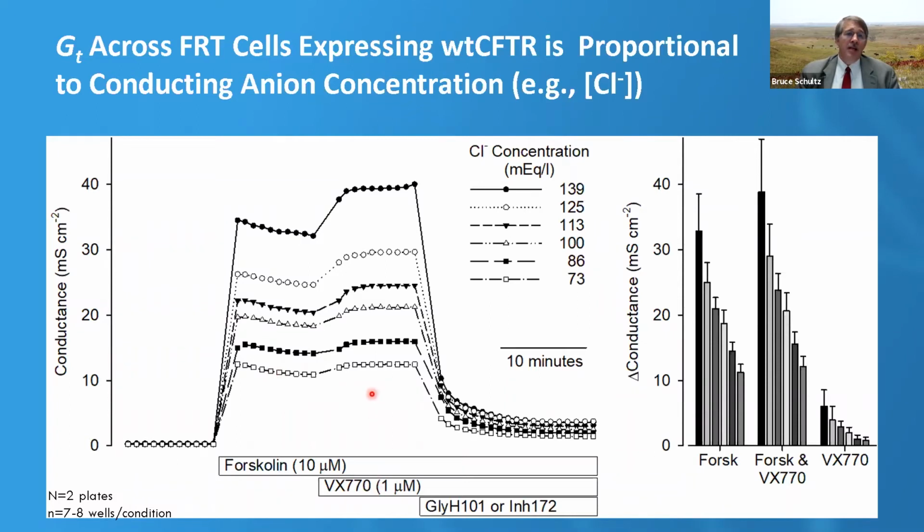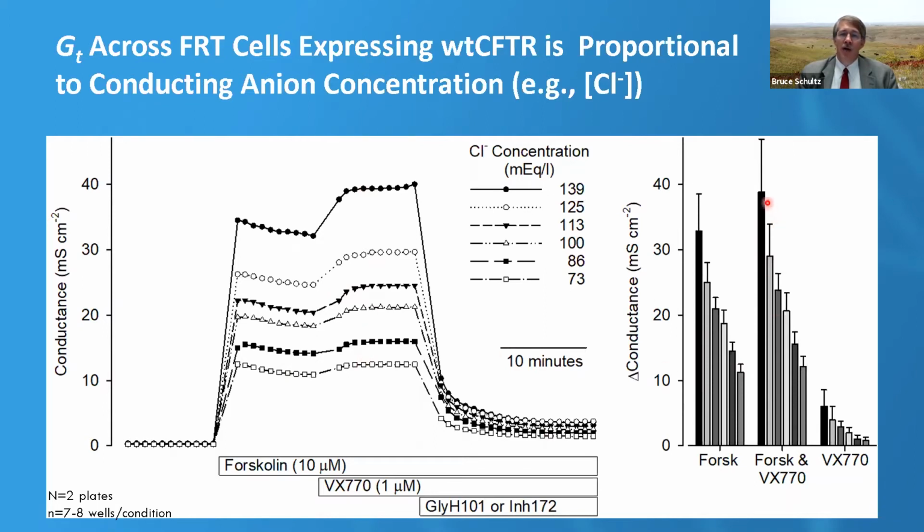When we add VX770, there is an increment in conductance, but we still have a stepwise change in conductance associated with the anion concentration. Shown on the right are bar charts that have the average conductance for each of these different conditions in the presence of forskolin, and we see this stepwise decrease in conductance associated with anion concentration. We do the same for forskolin plus VX770.